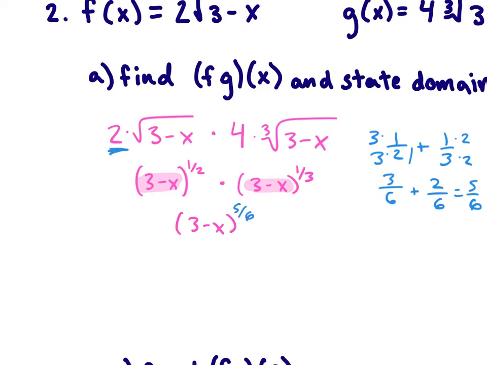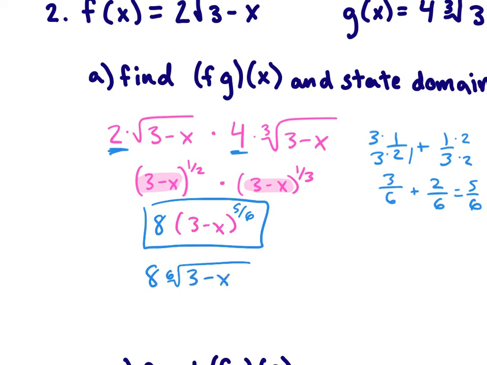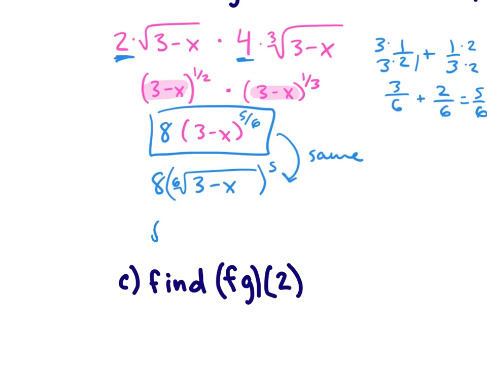And then I still just had this 2 times 4, so 2 times 4 would be 8 that I put out front. You could leave it like this, or you could say 8 times the 6th root of 3 minus x to the 5th power. This is the same thing. Or you could write it like this.